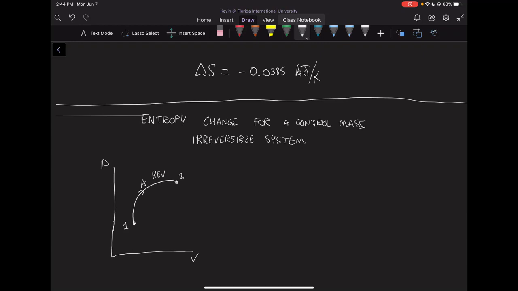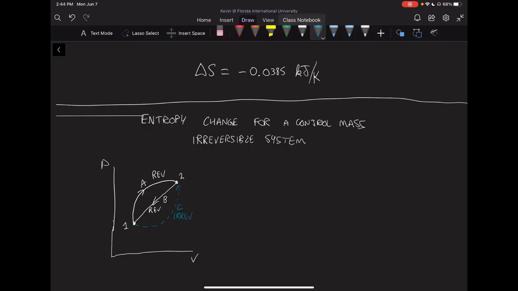Okay, we're going to have a reversible A and then a process B that is reversible as well. And now we're going to add to this an irreversible process C. So C is now going to be irreversible.